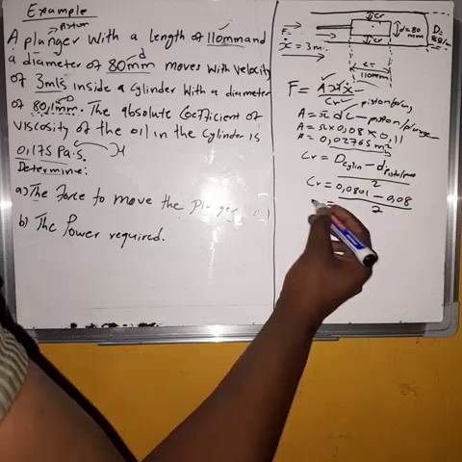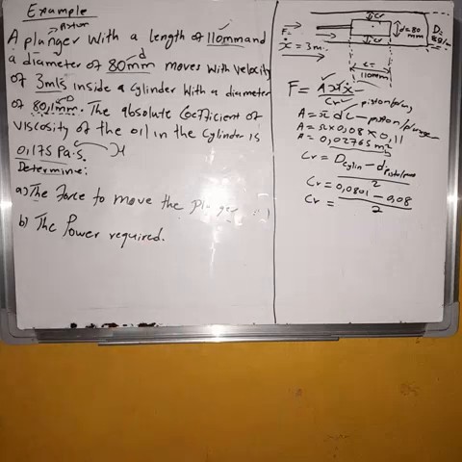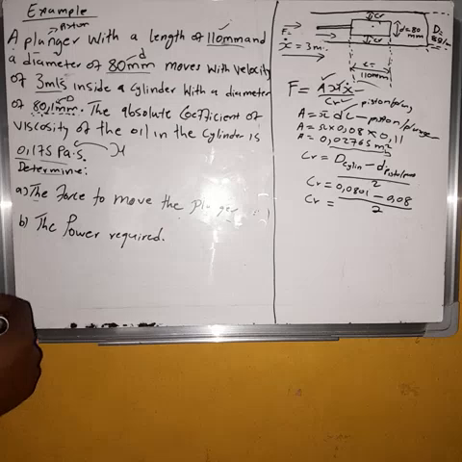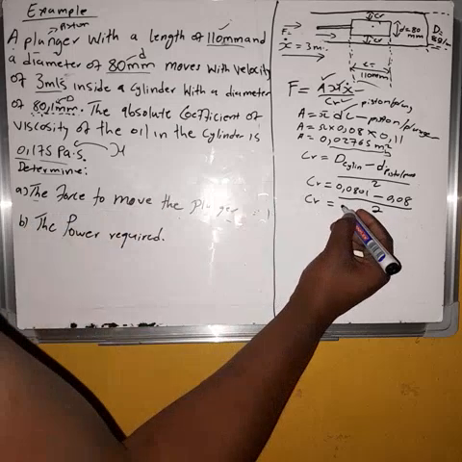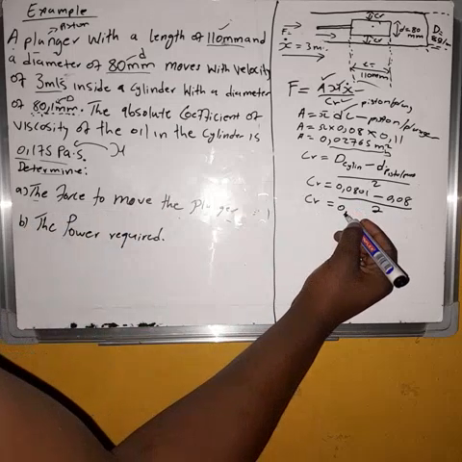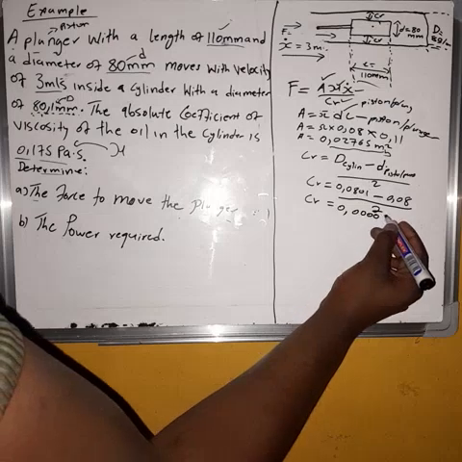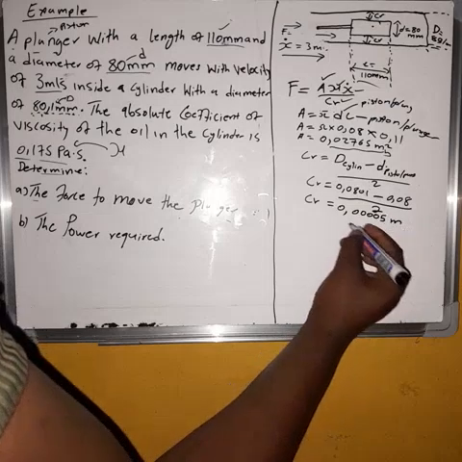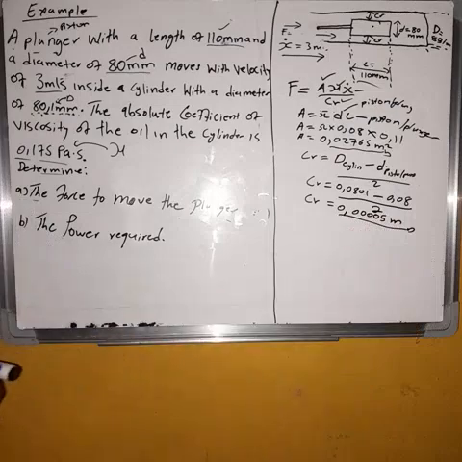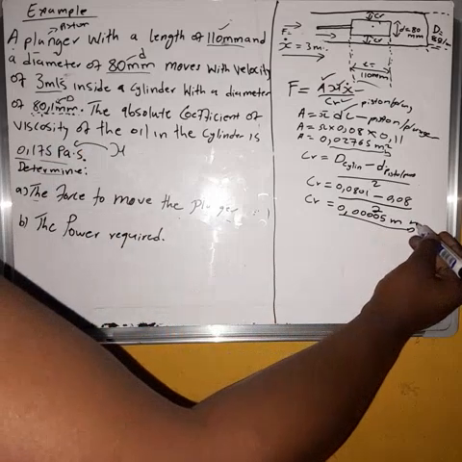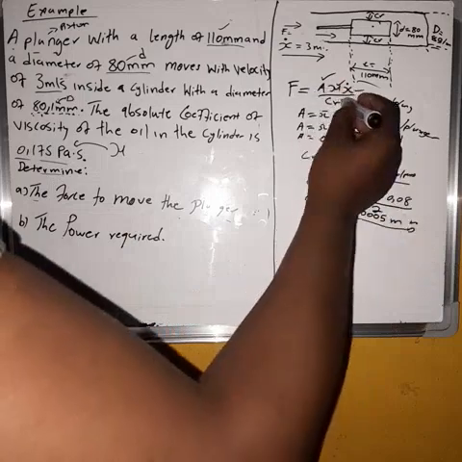Then you punch your calculator. Your clearance, CR, will be 0.00005, measured in meters. Right, it's your clearance. Since we're done with clearance, now we can use this formula.